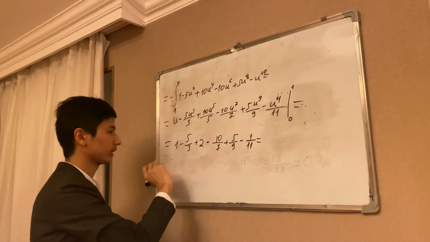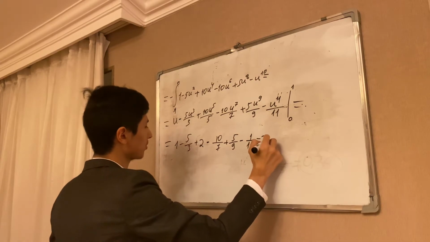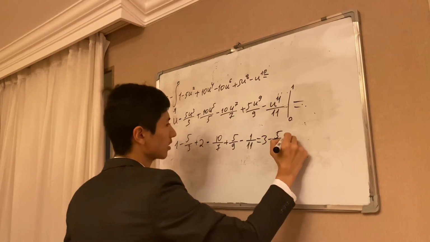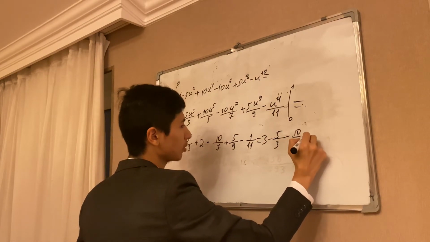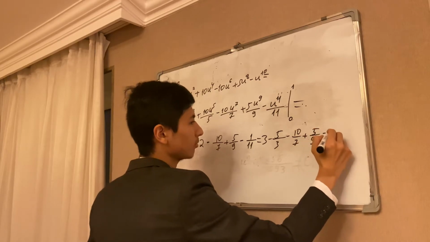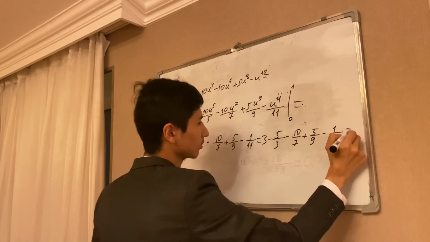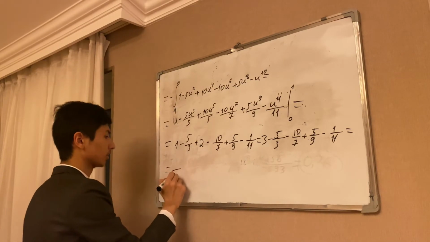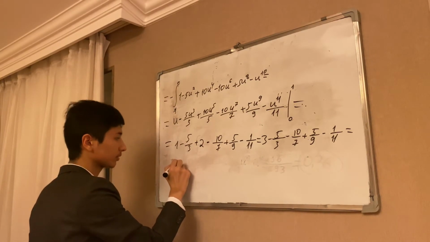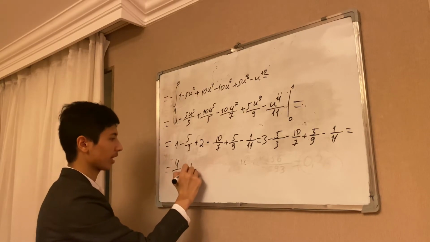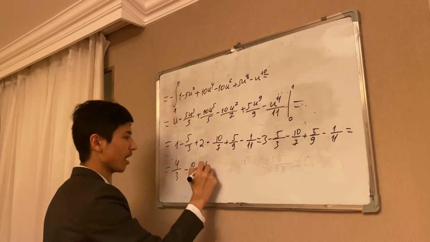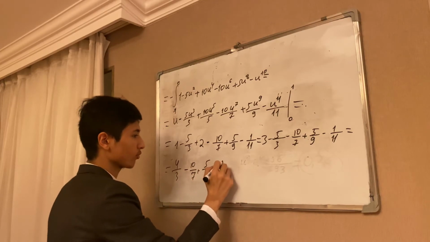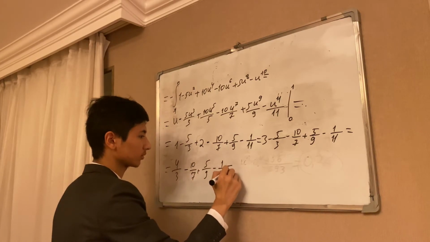And we calculate this. 3 minus 5 over 3 minus 10 over 7 plus 5 over 9 minus 1 over 11, so 4 over 3 minus 10 over 7 plus 5 over 9 minus 1 over 11.